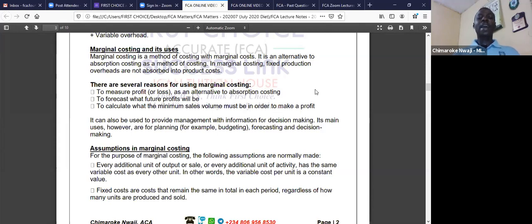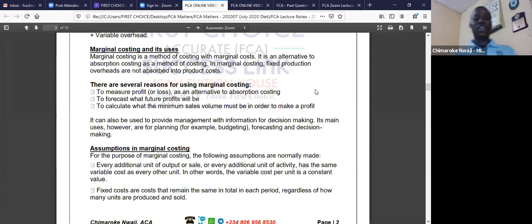This shows that every additional output or every unit of activity has the same variable cost. So it means that variable cost per unit is fixed. It sounds confusing: variable cost is fixed. Maybe later you will learn that fixed cost varies. Now, variable cost in per unit terms is fixed, is constant.